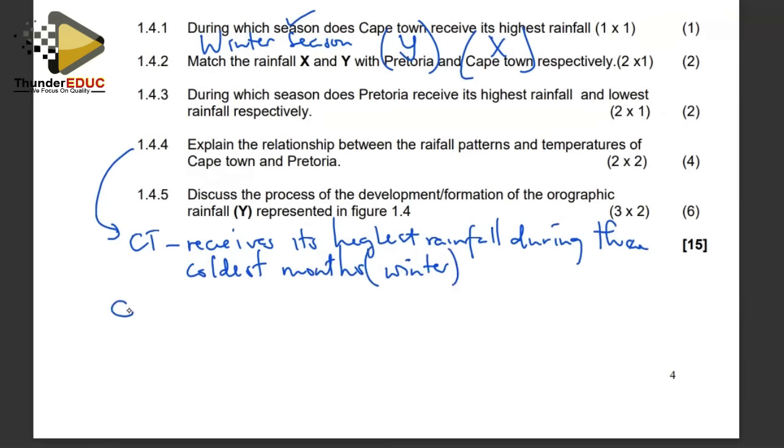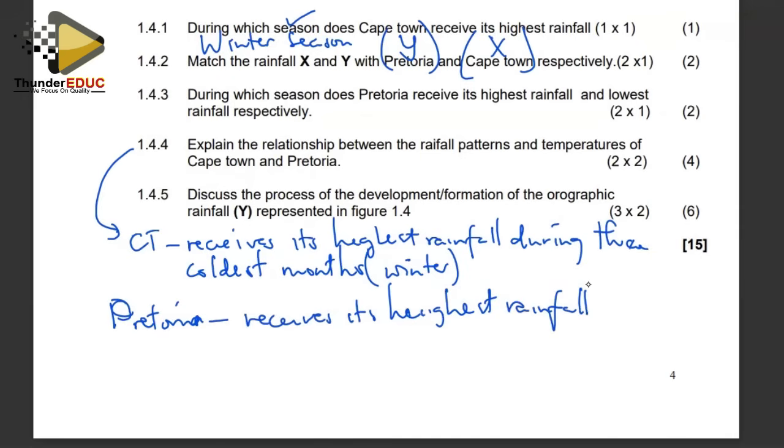And what about Pretoria? In the case of Pretoria, it receives its highest rainfall during the warmest months, which is typical of summer.